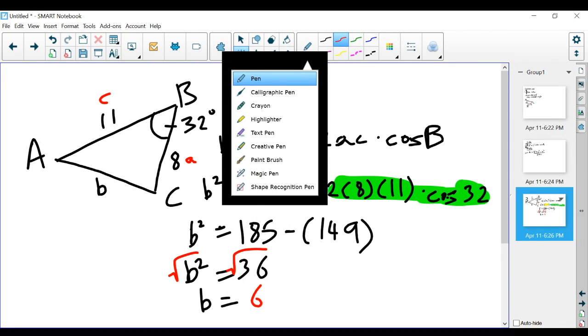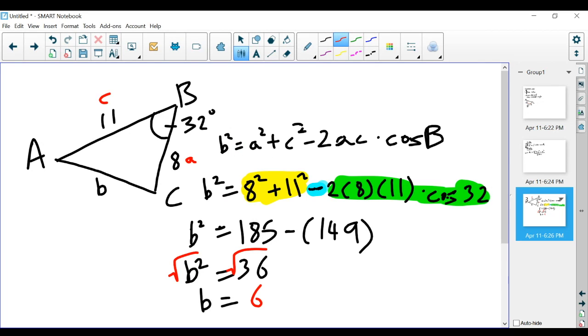Okay, so again, generally what I would also get my students to do is to make sure that you write down all your different variables. So again, a was equal to 8, b was equal to what we're trying to solve, c is equal to 11, big A we don't really care, big B we know is 32, and big C we don't really need to worry about either.